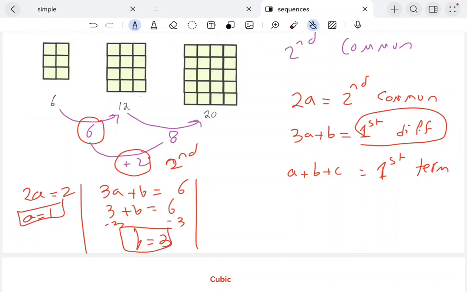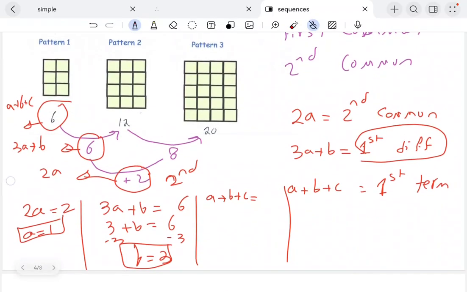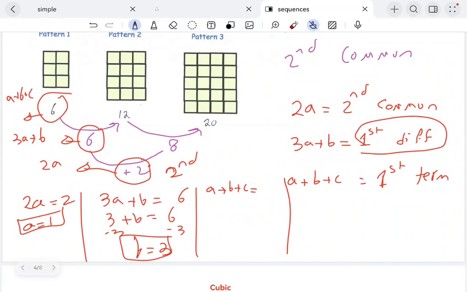And a plus b plus c is going to be the first term, which is going to be 6. So again, that's a plus b plus c. The first difference is 3a plus b. And the second common difference is going to be 2a. You have 3 equations, and from each equation you get one of the variables. From one equation you get a, from one you get b, from the third you get c.